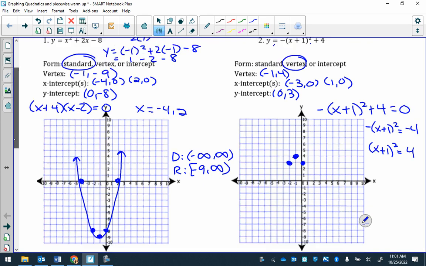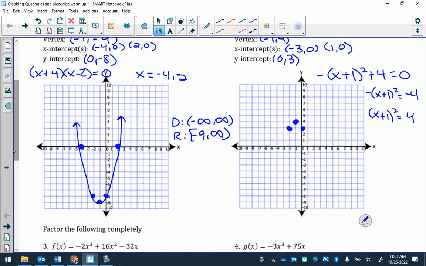Yeah. Square root both sides. And since we are solving, we have x plus 1 equals 2, x plus 1 equals negative 2. You have two solutions. So when you take the square root of either side, you have x plus 1 equals 2, x plus 1 equals negative 2, and that's how we get 1 and negative 3.